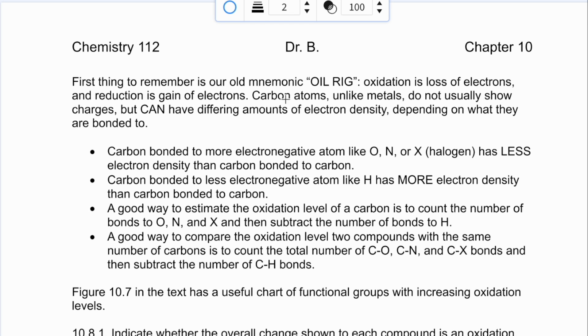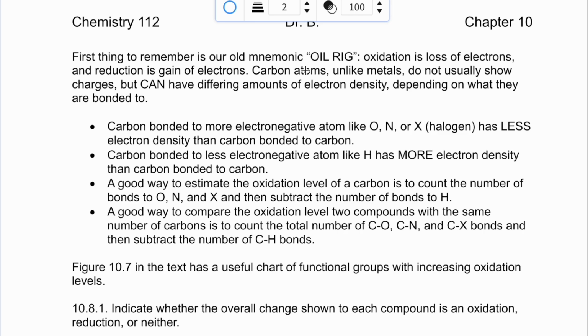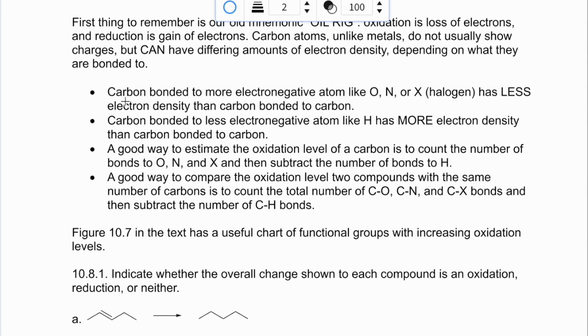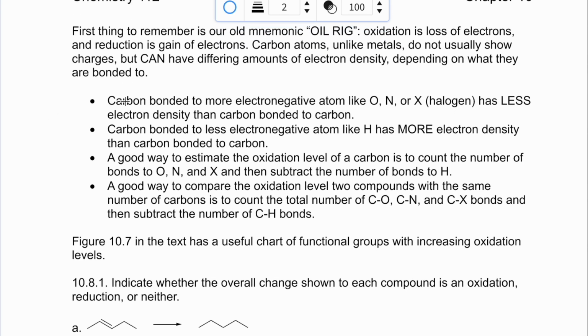Just to remind us what oxidation and reduction are, oxidation is the loss of an electron or electron density in general. Reduction is gain of electrons. So how would a carbon lose electron density? Obviously, if it has a positive charge, if it has lost an electron completely, that would be a very oxidized carbon.